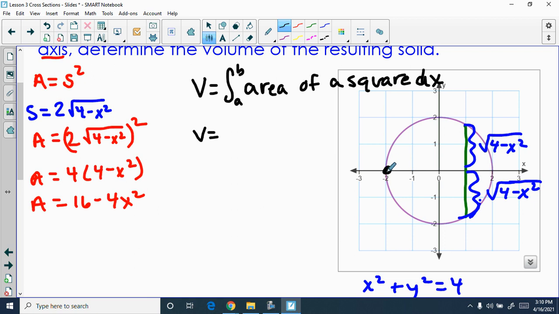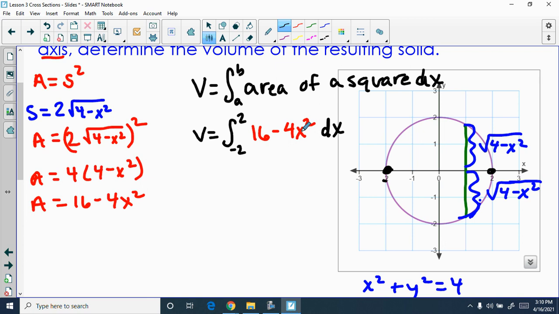We've got -2 as our smallest x value and 2 as our highest. So we're going from -2 to 2. And then we're plugging in our area. So 16 minus 4x squared dx.